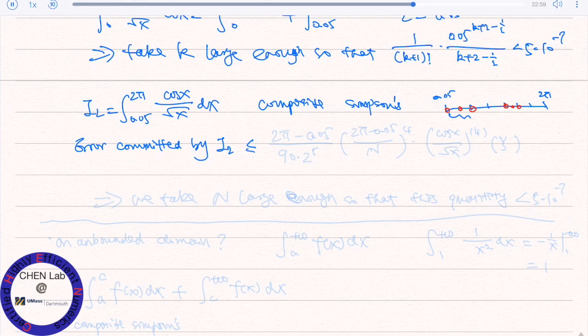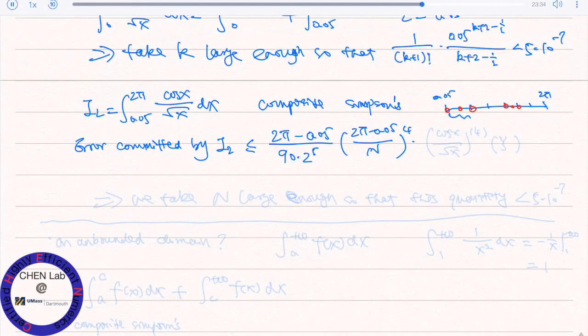That b minus a, which we know is 2 pi minus 0.05, divided by 90 times 2 to the 5th, and h to the 4th. What is h? If you use n intervals, h is 2 pi minus 0.05 divided by n, to the 4th.